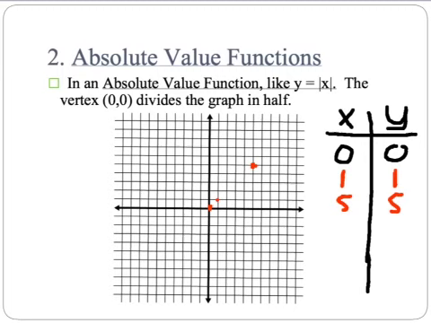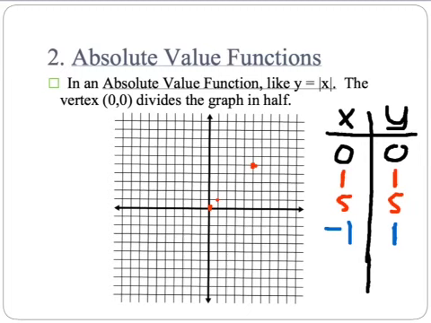Well, what if we subbed in the exact same numbers, but the negative of that? So what if we subbed in, for instance, negative 1? You sub the negative into the x, just like you would if you were creating a table of values for any other function. Well, the absolute value of negative 1 we know is positive 1.